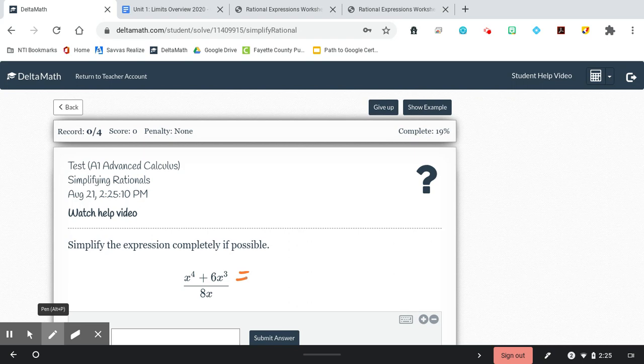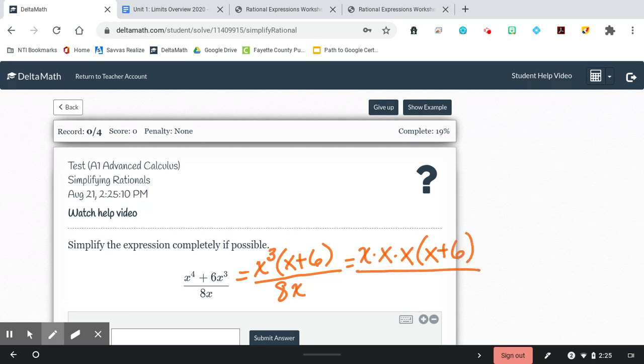They both at least have 3 x's, so I can factor out an x cubed from the top, times x plus 6, over 8x. And if I have x cubed in the top, that's really like x times x times x. And then the x plus 6 over the denominator 8x.